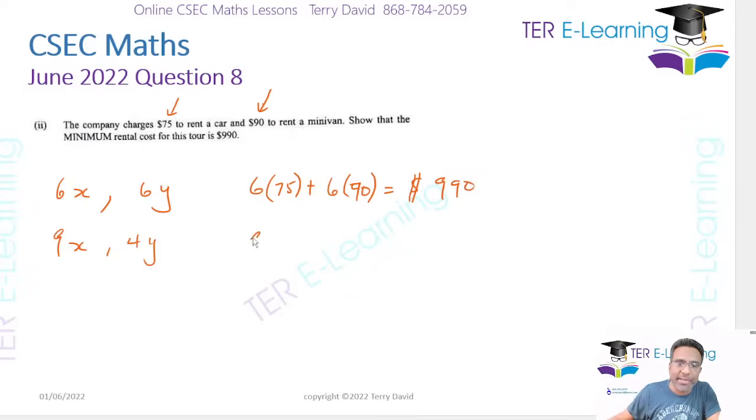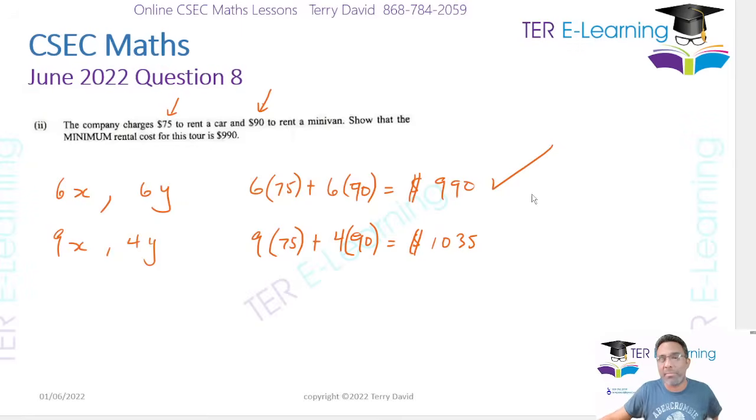And for the other combination, you're going to get 9 multiplied by $75 plus 4 multiplied by $90. That's going to give you 9 by 75 plus 360, and you're going to get 1,035. So if you realize something here, the minimum cost will be this one, which is what they said to prove. So we got that. So that's your minimum rental cost.